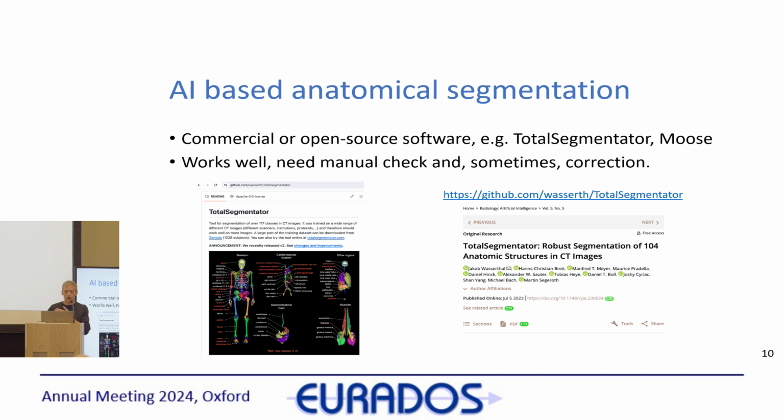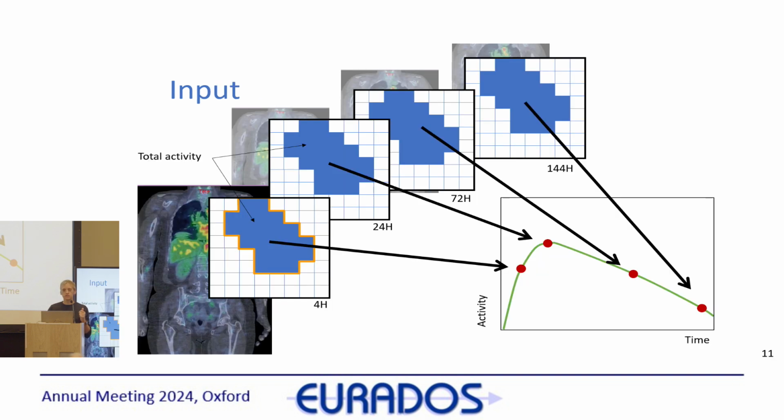For example, in our institution, we use an open source software called TotalSegmentator. There are others that provide a very good delineation of most of the organs in the patient. It changes everything in clinics because in 10 minutes, we can get all those delineations for the patient. It's not perfect, of course, and needs manual check, but at least you gain a lot of time. So you get the images, you get the regions of interest.